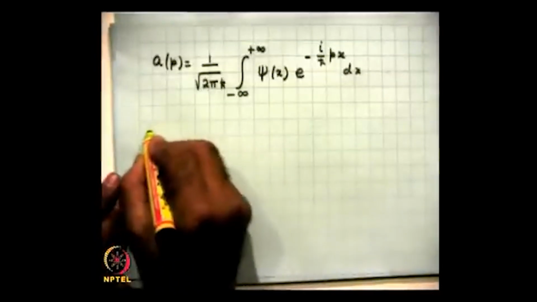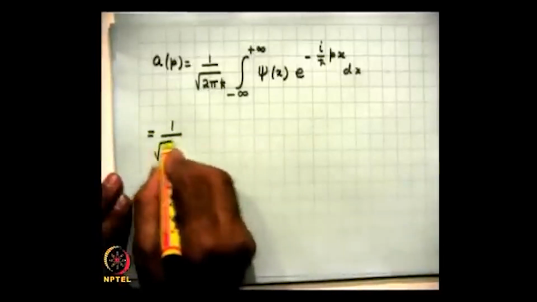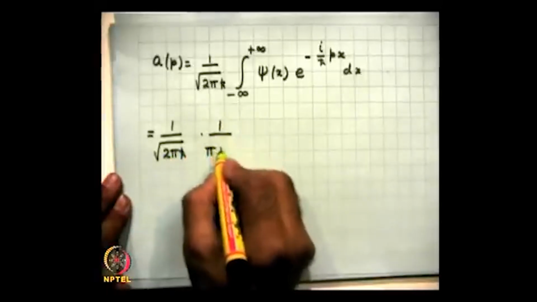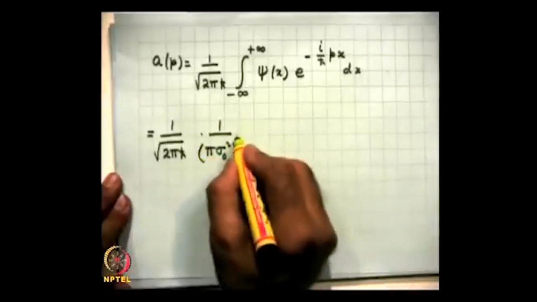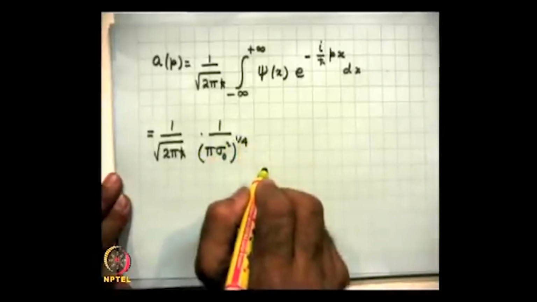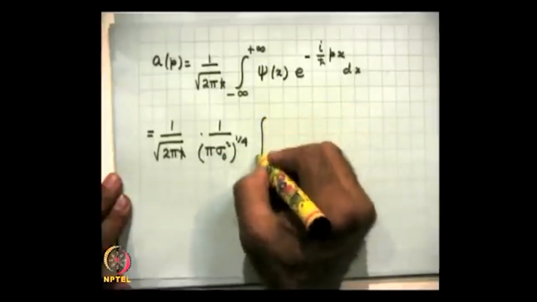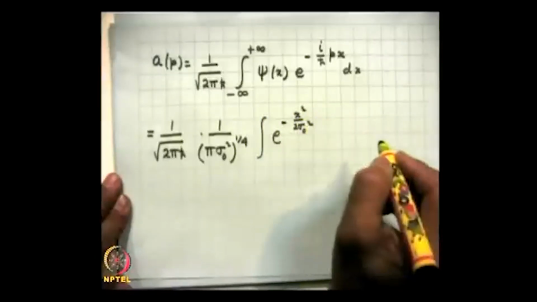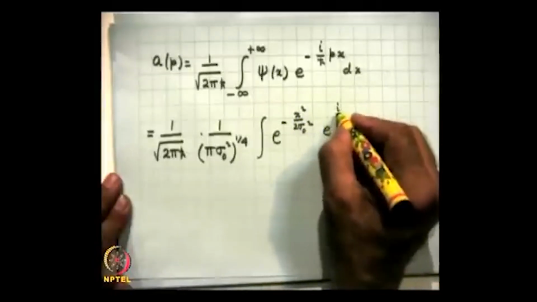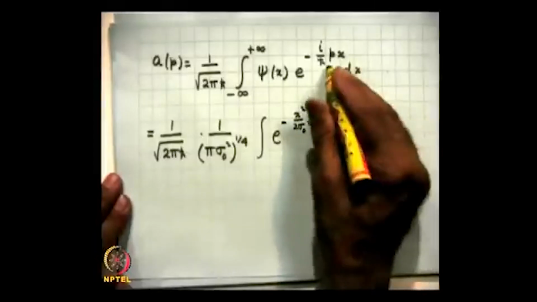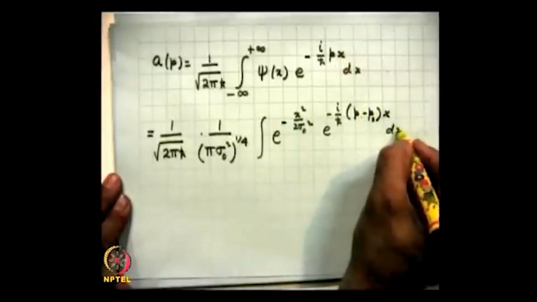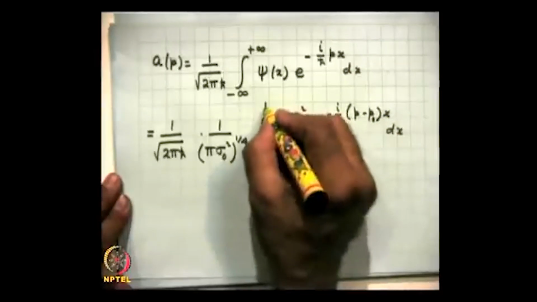So I will obtain 1 over under root of 2 pi h cross, times 1 over pi sigma 0 square raised to the power of 1 by 4, and then psi of x is e to the power of minus x square by 2 sigma 0 square, into e to the power of I by h cross, p minus p naught, into x dx. The limits are again from minus infinity to plus infinity.